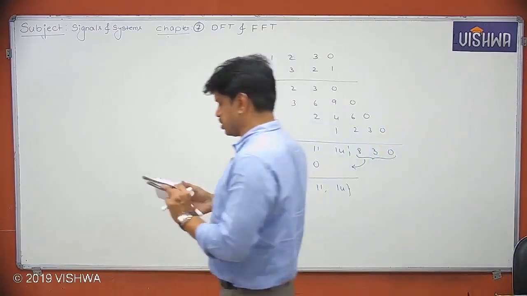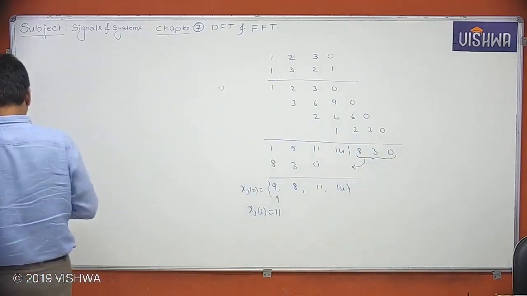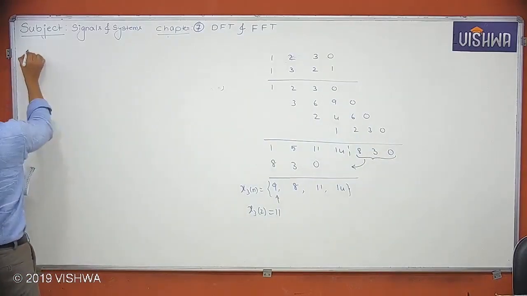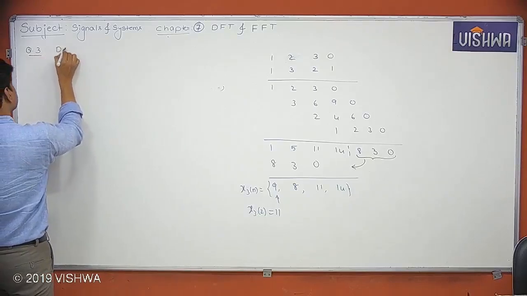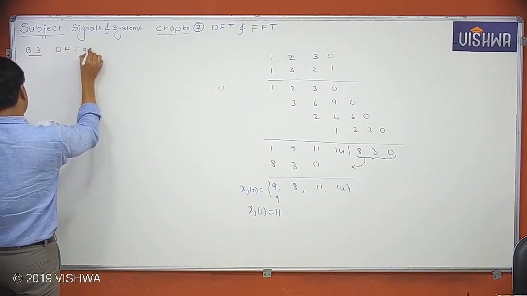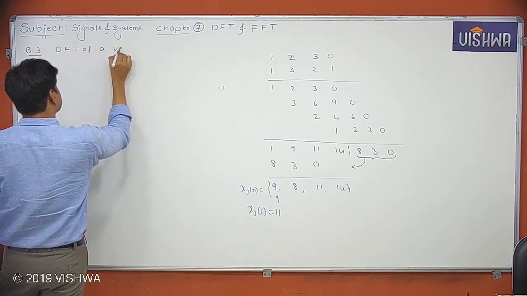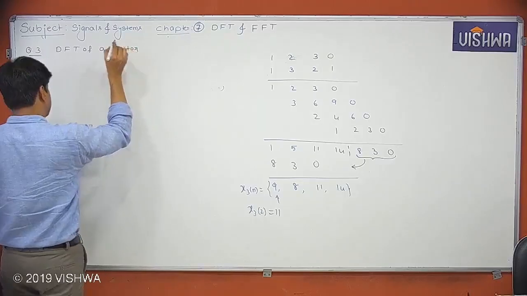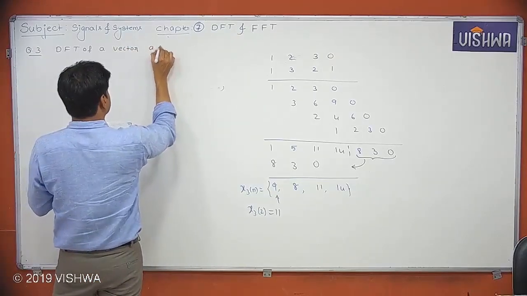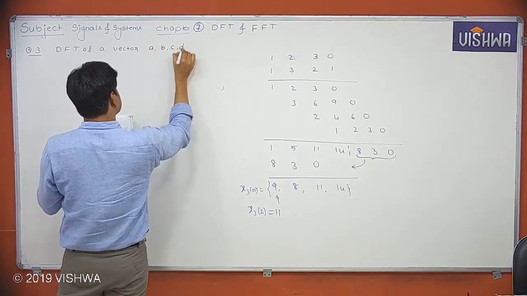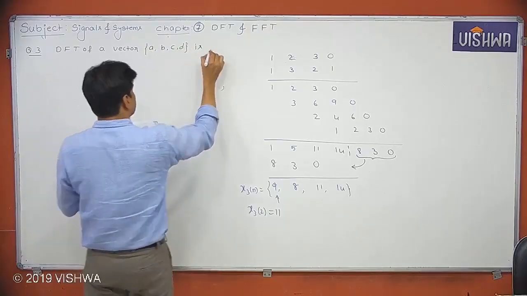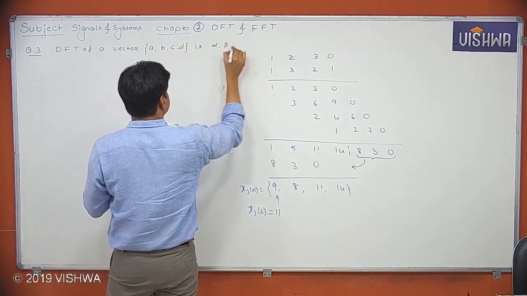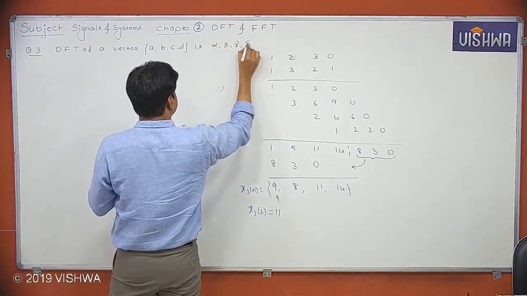Let's take the next question. Question number 3. The DFT of a vector A, B, C, D is alpha, beta, gamma, delta.